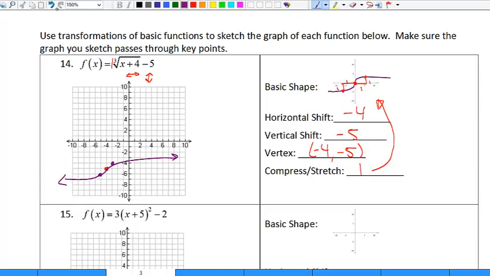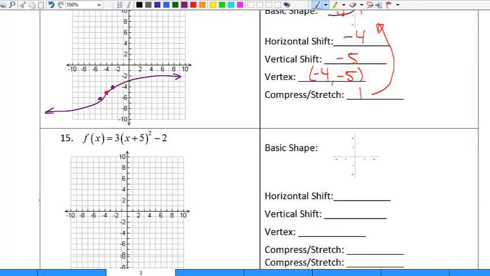Now some students have a hard time drawing that S shape, so if you have a hard time drawing it, rotate your paper 90 degrees and then just kind of do like a parabola, a half a parabola from your red vertex and then up, and then rotate your paper in the other direction so that you can do another up half parabola, and that's kind of a cheating way to do it, but it works and it looks appropriate. So that is how your graph should look on number 14.